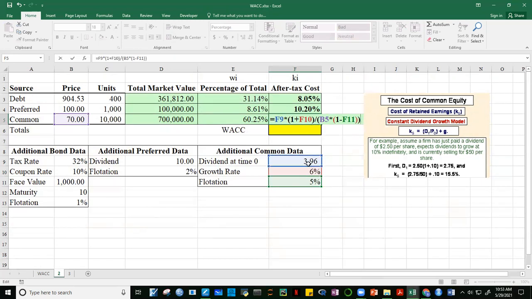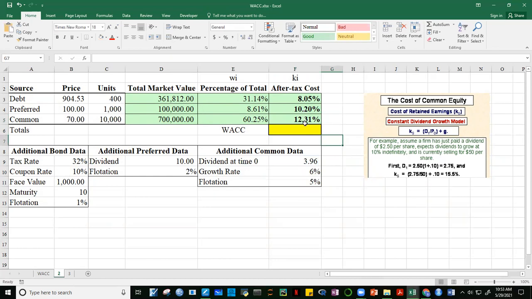D1 is the dividend at time 0 times 1 plus 6% growth rate. Yun ang D1. And divided by the price, this is 70. However, babawasan natin ang flotation cost. So times 1 minus the 5%. In other words, dapat 95% na lang nitong 70. And then, plus, you have to add the growth rate, 6%. Okay. So that's it, guys. 12.31% yung cost of stock.